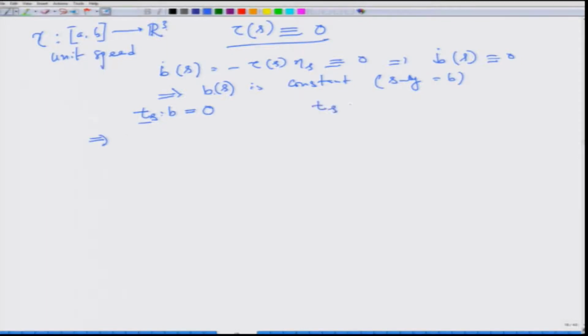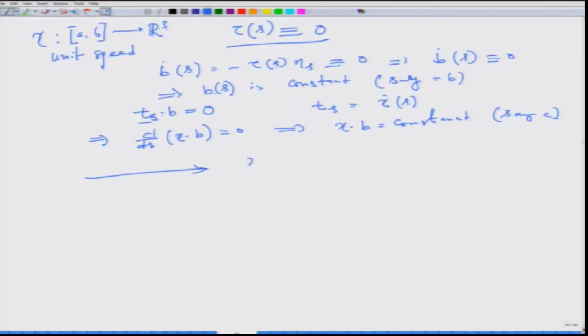What is T s? Recall T s is gamma dot s. Therefore, d by d s of gamma dot B is 0, which implies gamma dot B is constant, say C. So, gamma is a curve in R3, listen to me again, gamma is a curve in R3 whose dot product with a fixed vector is constant.